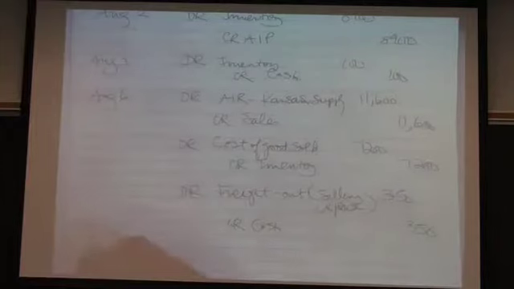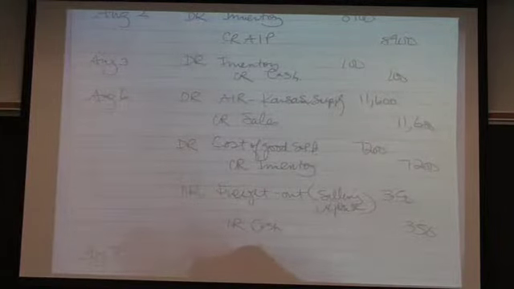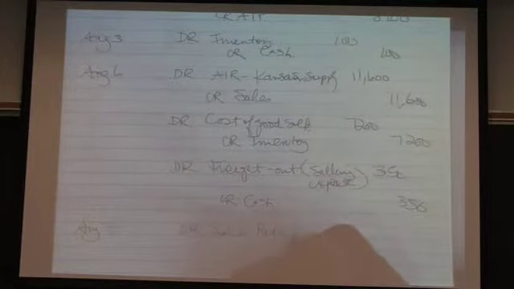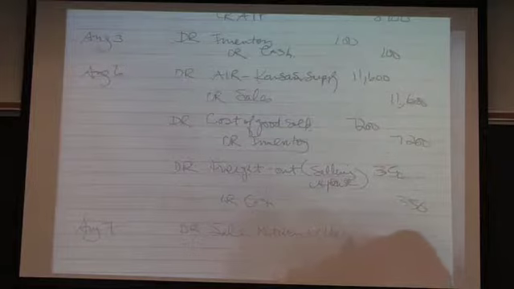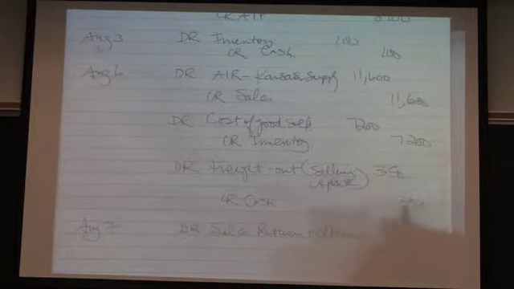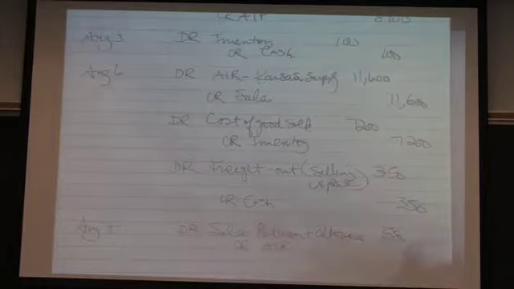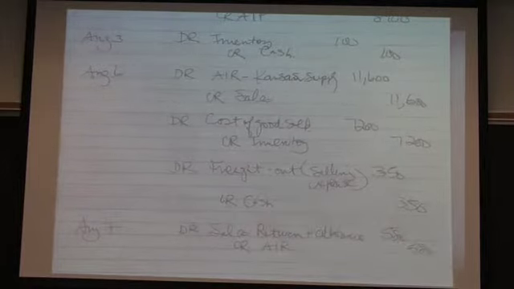So on August 7th, we're going to debit a contra account called Sales Returns and Allowance. That's a contra account to sales. And we're going to credit the accounts receivable, $580.